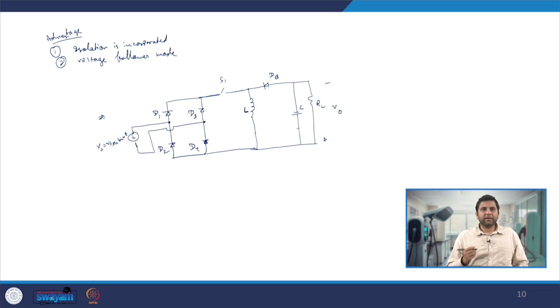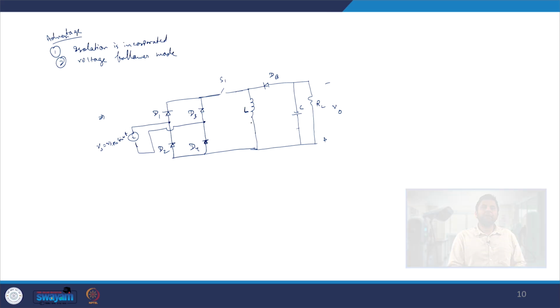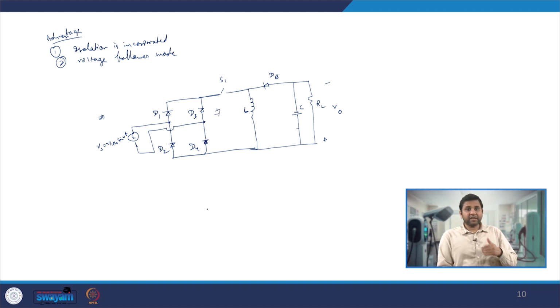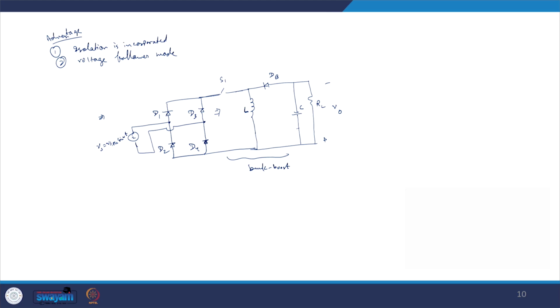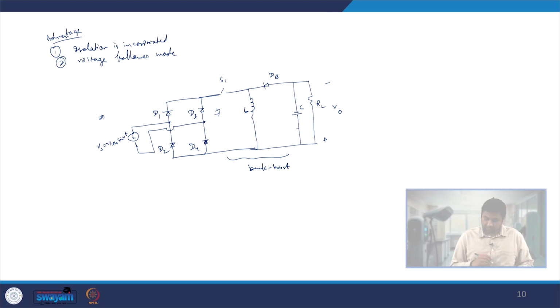So this converter can also be there, and here again one can ensure the DCM operation of this inductor, and thus this converter can be operated in a voltage follower mode, because the effective input impedance of this buck boost converter will be resistive, and thus the unity power factor current will be drawn from the source.